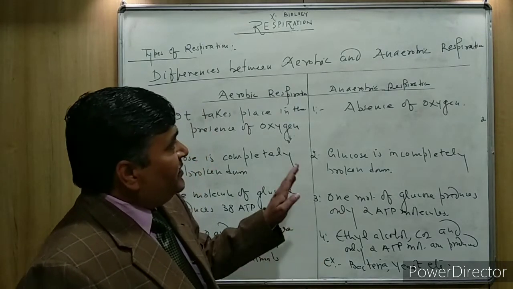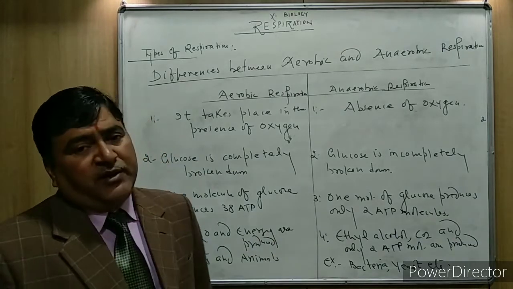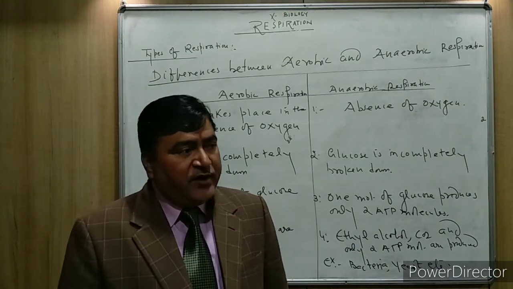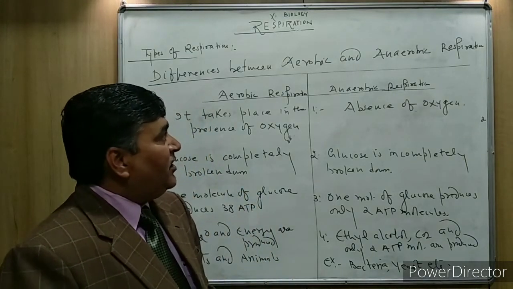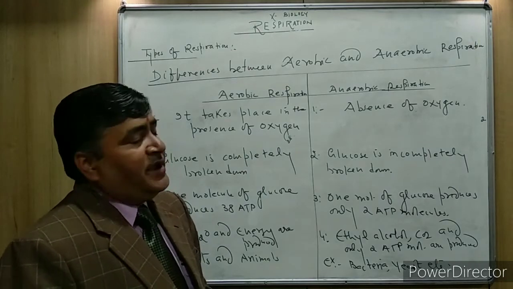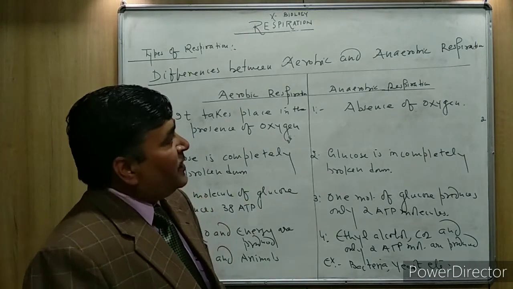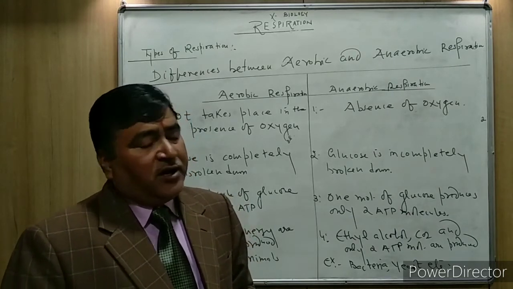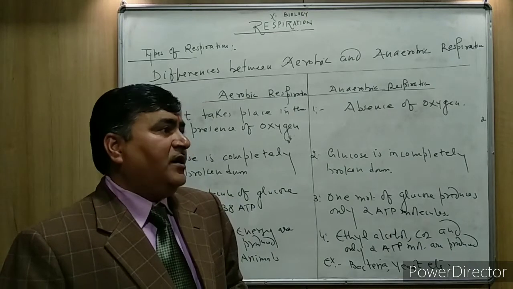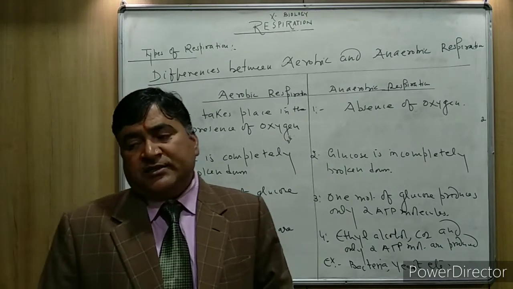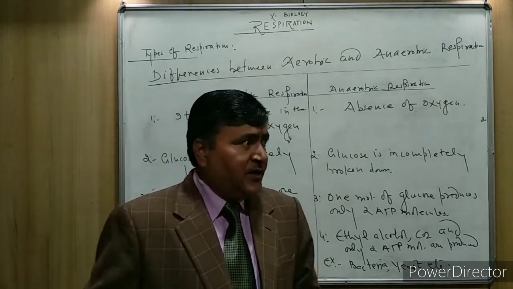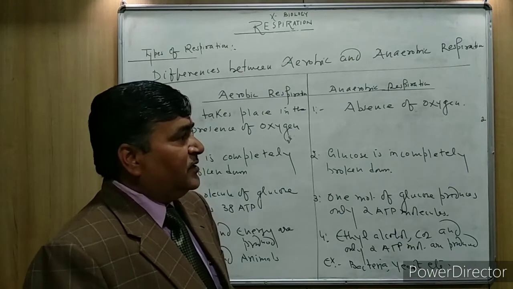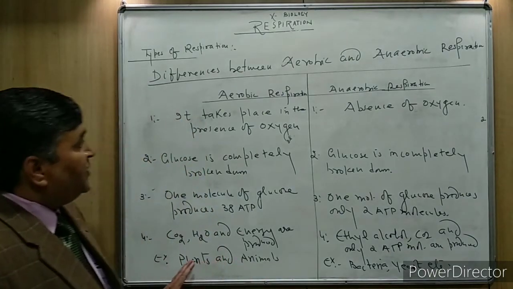And I have also taught you that sometimes the human being also performs anaerobic respiration. When we need more energy, we also respire anaerobically, and lactic acid is produced, and because of the lactic acid accumulated inside our muscle cells, there are cramps in our muscles, we feel fatigue, and this is the reason for the fatigue in human beings.